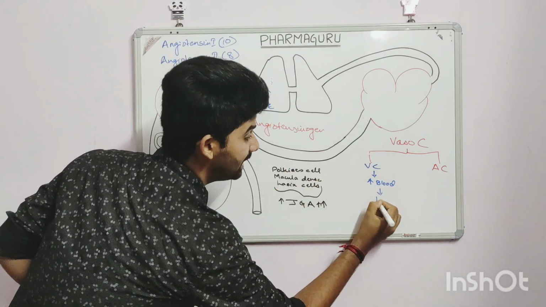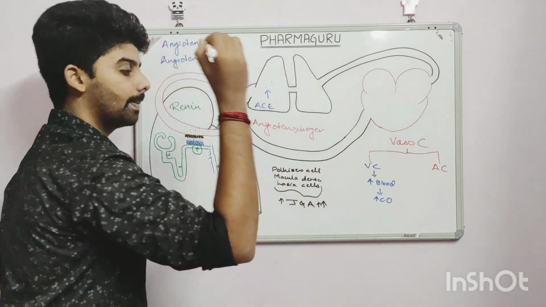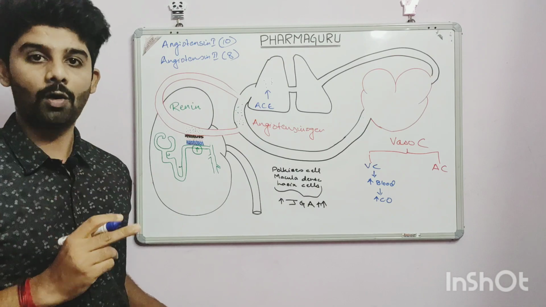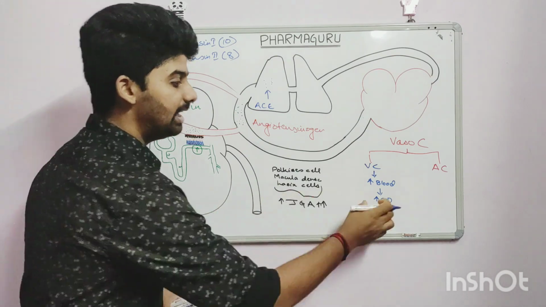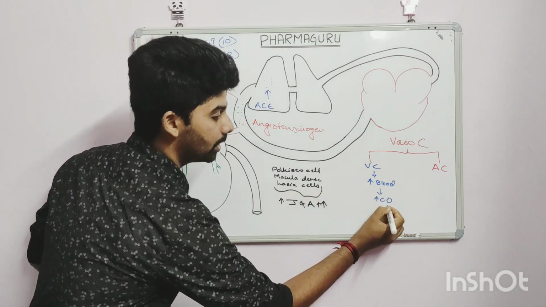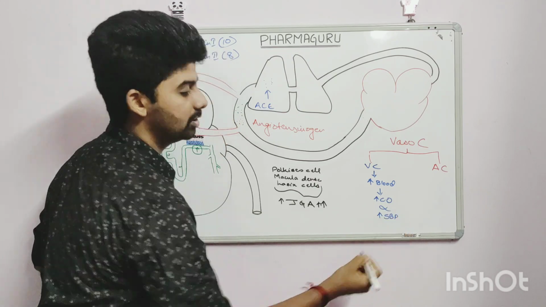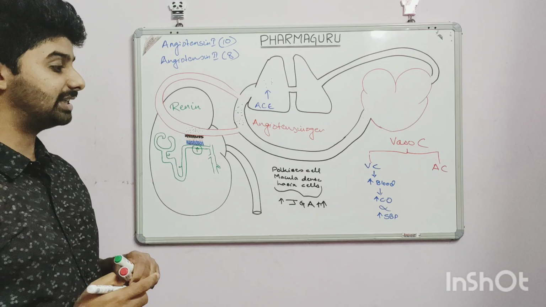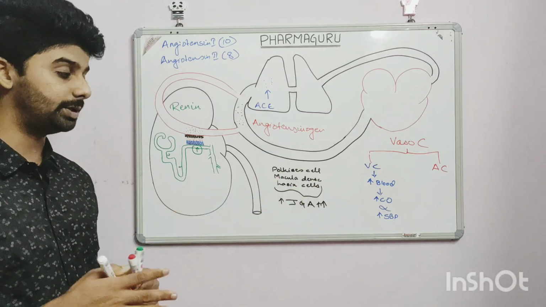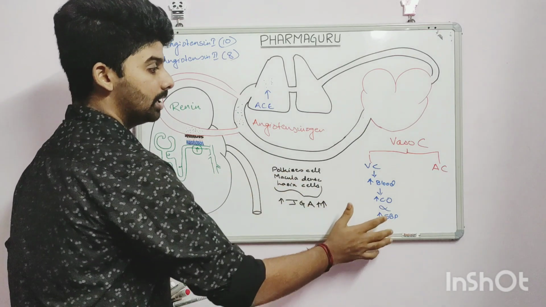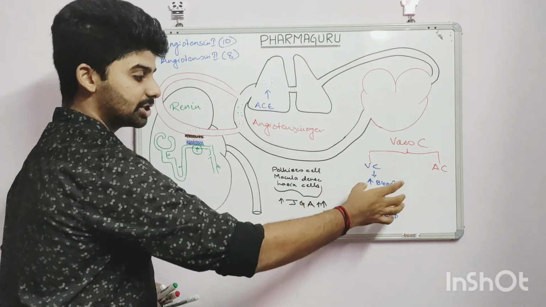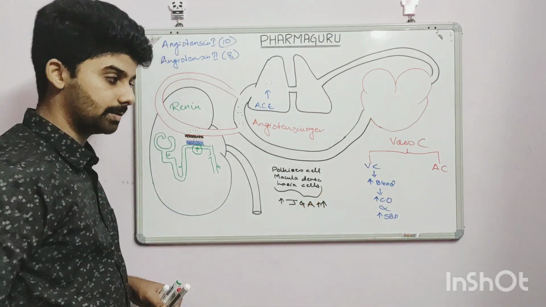That is, there is increased cardiac output. If we recall what we learned in the last video, increased cardiac output means increased systolic blood pressure. We have talked about why cardiac output and systolic blood pressure increase in the previous video. So that is how venoconstriction will lead to increased systolic blood pressure.